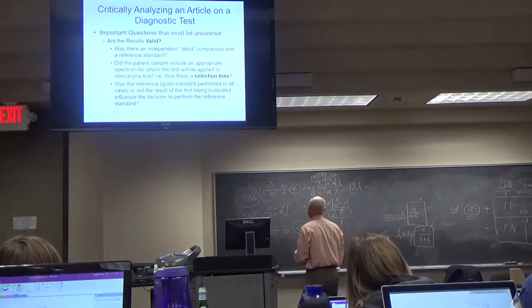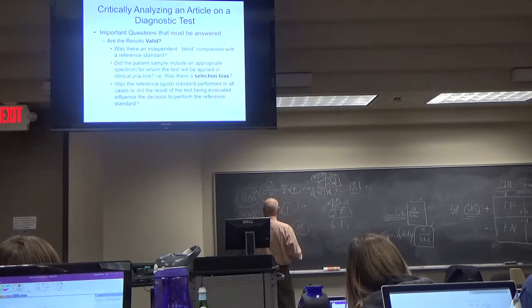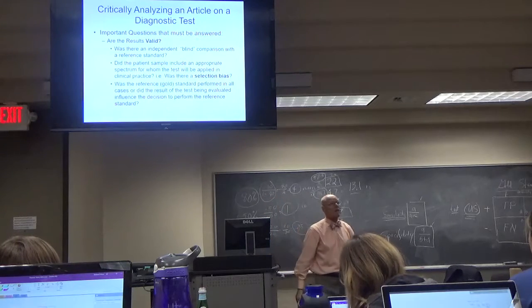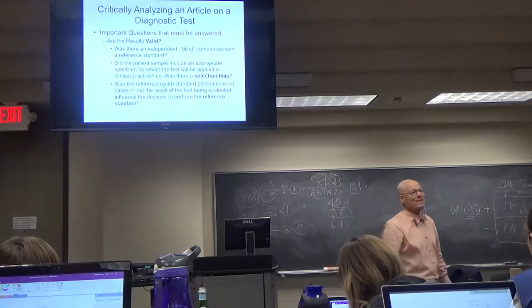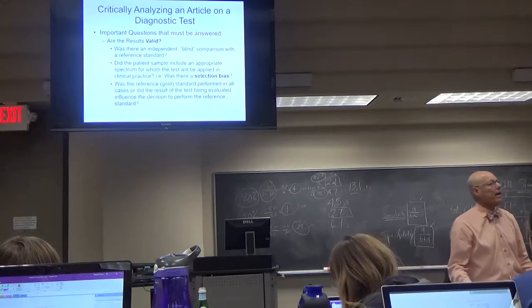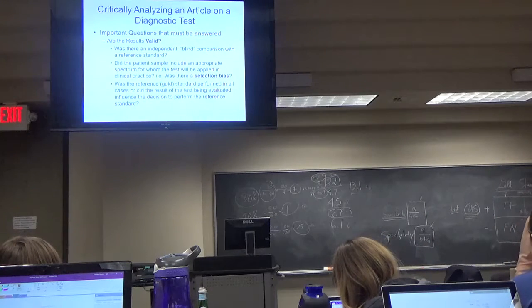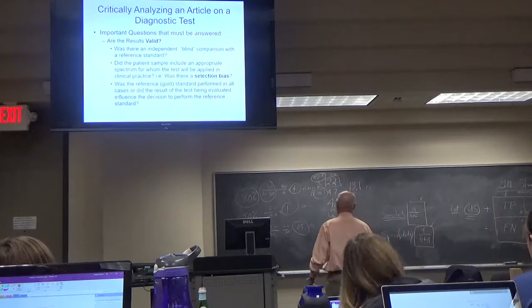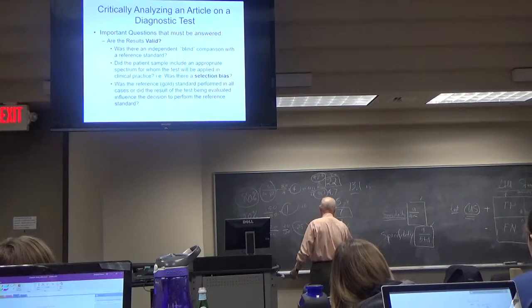But let's see what would happen if we were at 20%. 0.25 times 3 is what? 0.75 divided by 1.75 is what? 42. Does everyone know what I just did?